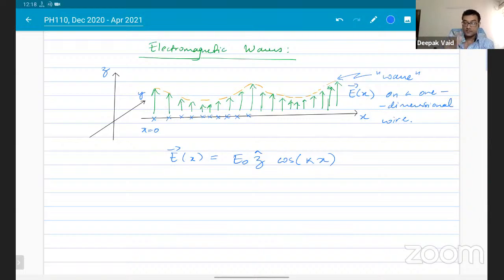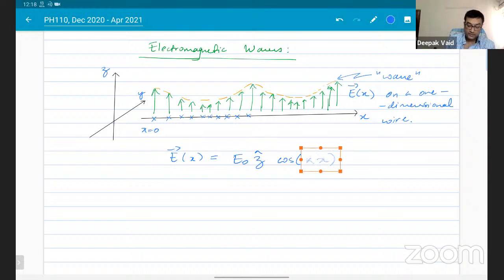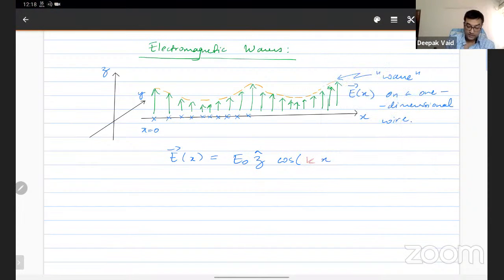It is becoming weaker and weaker, and then stronger, and then weaker and stronger, right? But what is the meaning of this k? Why don't I just write it as cosine of x? Why do I have to put that k over there? So what is the meaning of this k?